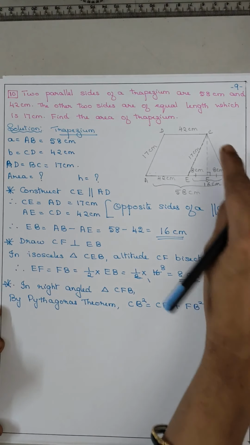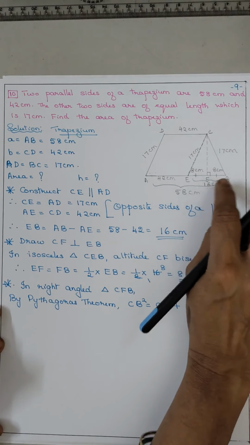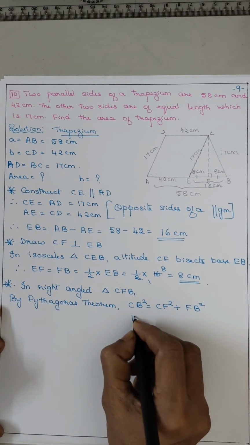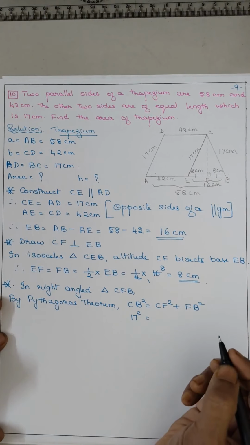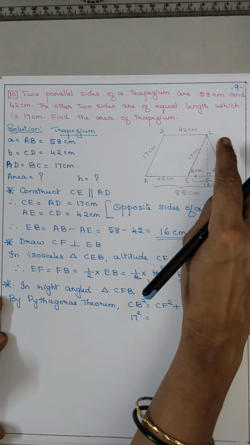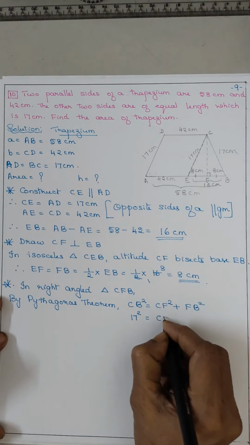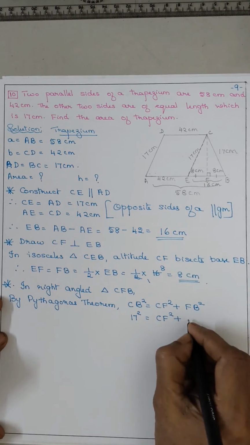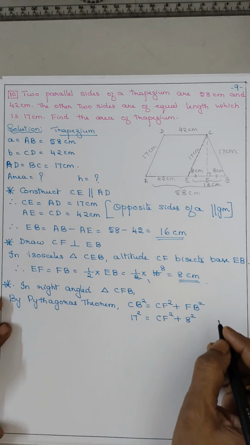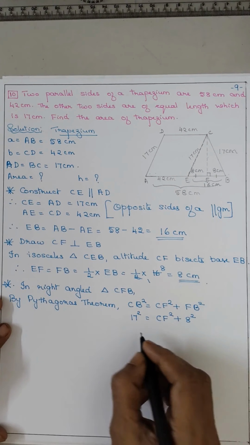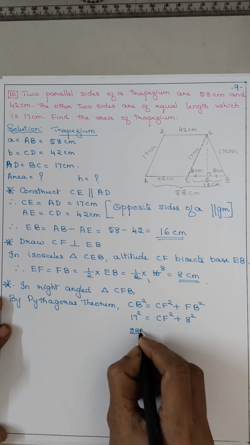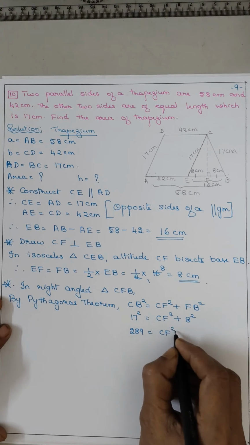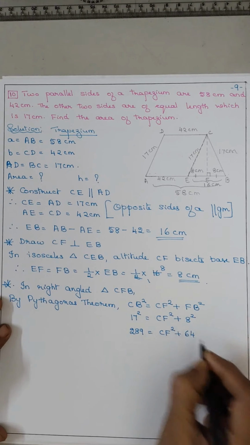CB squared is 17 squared, is equal to CF squared, which we have to find out, plus FB squared, that is 8 squared. Now 17 squared, how much? 289 is equal to CF squared plus 64.